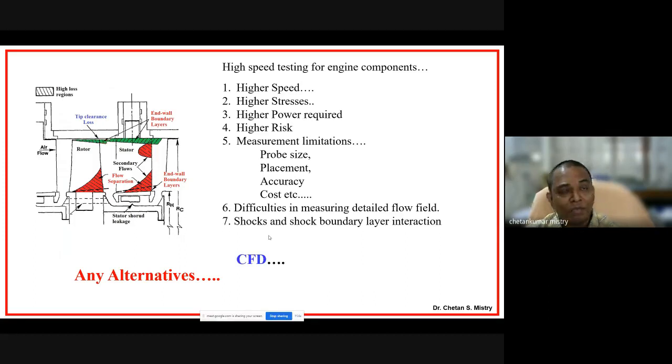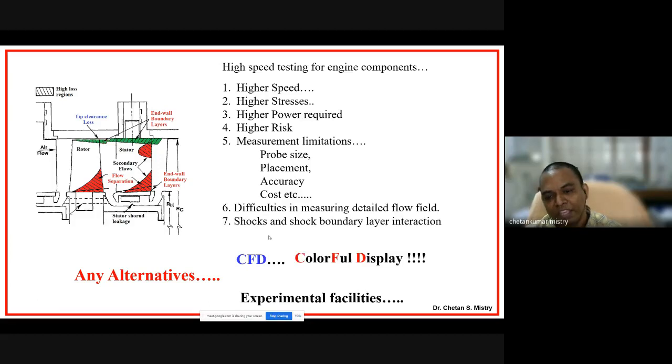Maybe we can go with CFD. The second option is maybe we can use an experimental facility. Now when I say CFD, in my language I used to say this is a colorful display, because until and unless you understand the basic fundamentals of CFD, whatever boundary conditions you put in will give you some output.